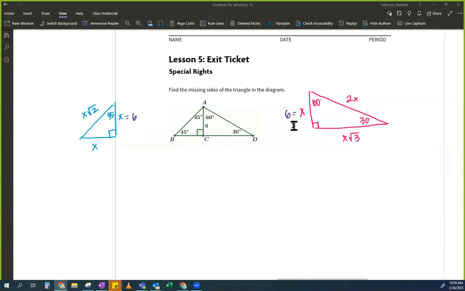If this is 6, what else do I know? The other X is also 6. Very good. Anything else?